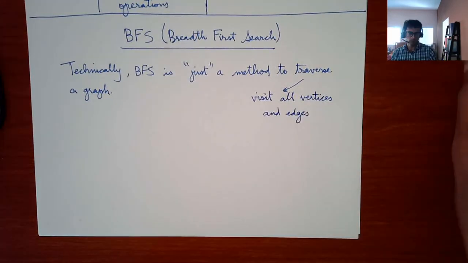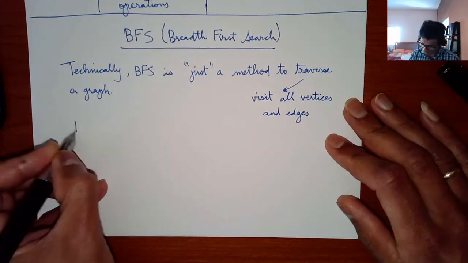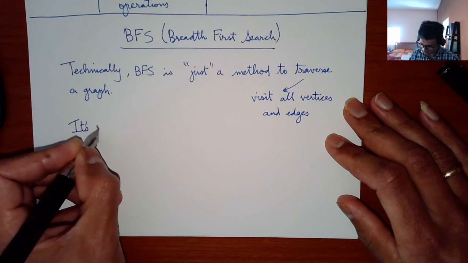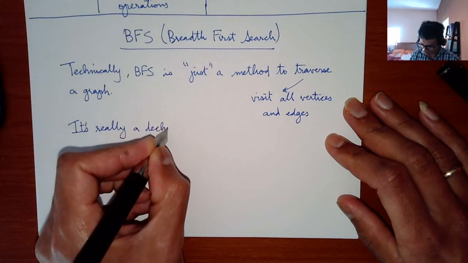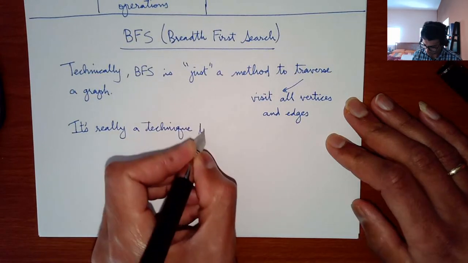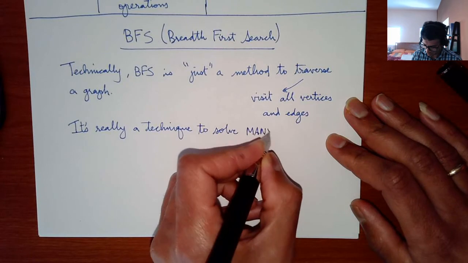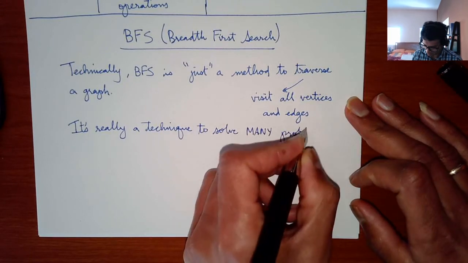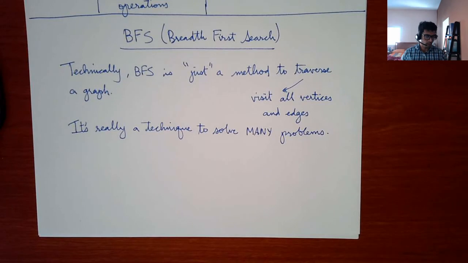So it's just a method of exploring the graph, but it's really a technique to solve many problems. There are many different problems where essentially the solution is to take BFS and maybe tweak it in some way.